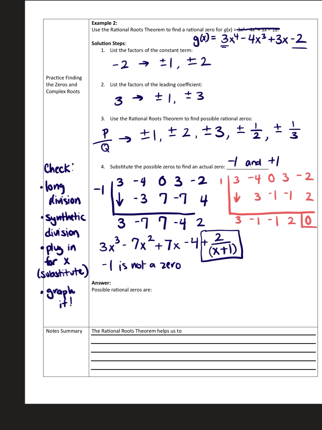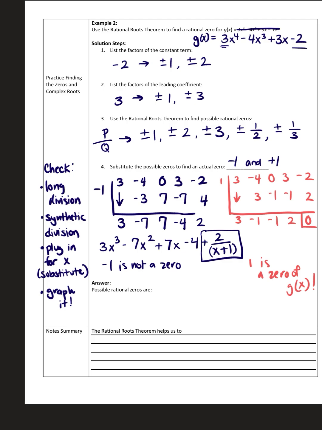I have no remainder. So since I have no remainder, that means that 1 is a 0 of g of x. Okay?